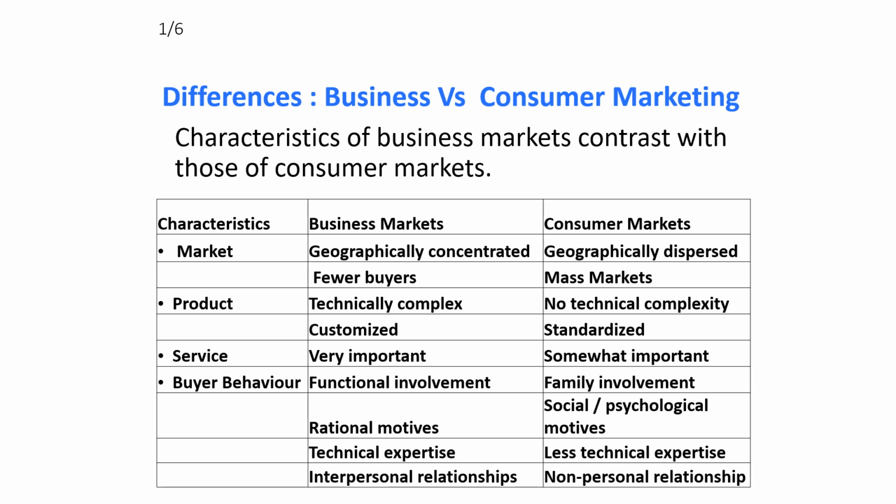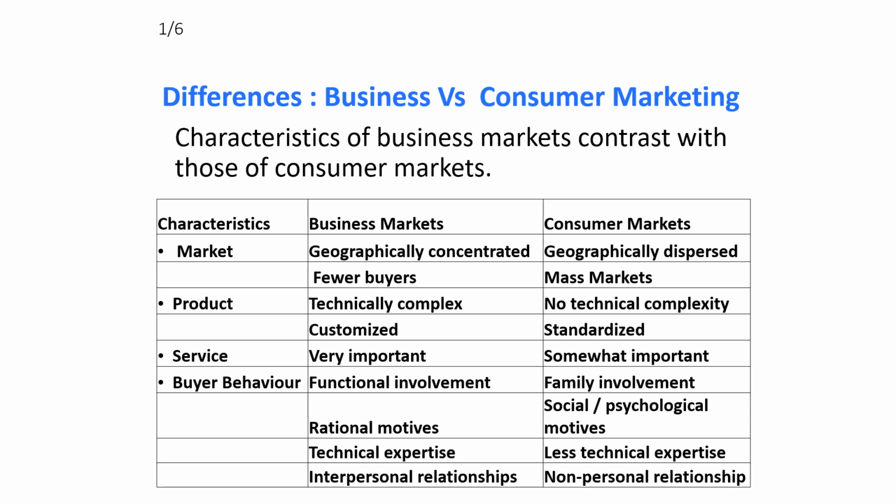Product, if you see, the business product is technically complex and it is customized according to each company's requirement, whereas consumer products are technically not very complex and mostly standardized products are sold.